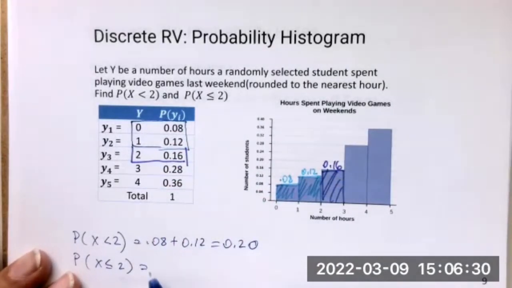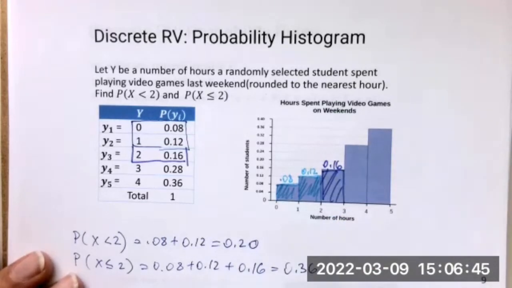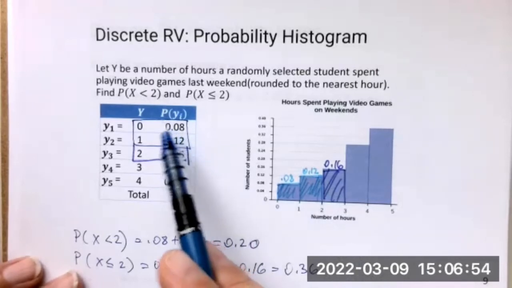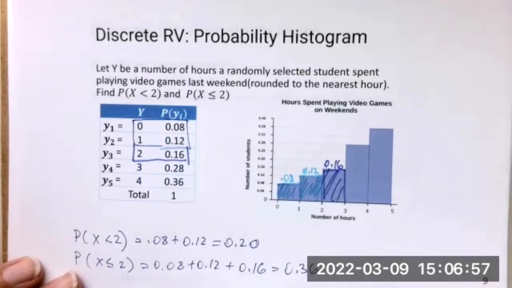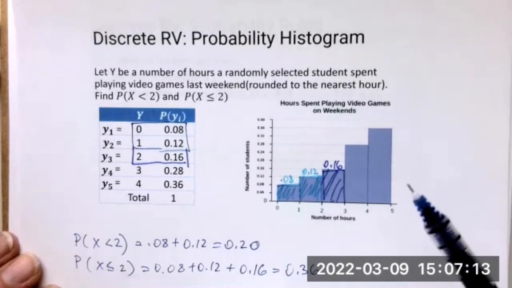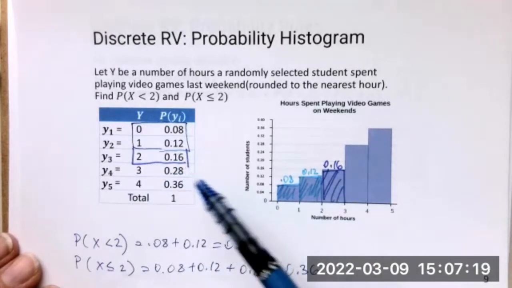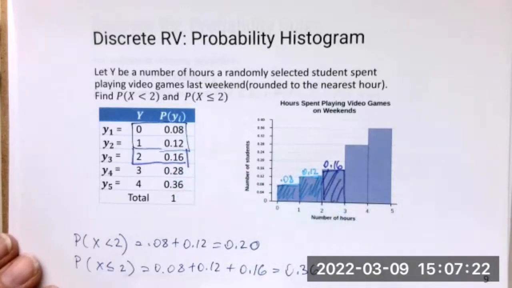So it's going to be 0.08 plus 0.12 plus 0.16. So that results in 0.36. So we could find it using the histogram, noticing the area, or we could find it using the table, either or. And this is a very important connection to draw between the histograms and the tables. So the probability is the same as the area.